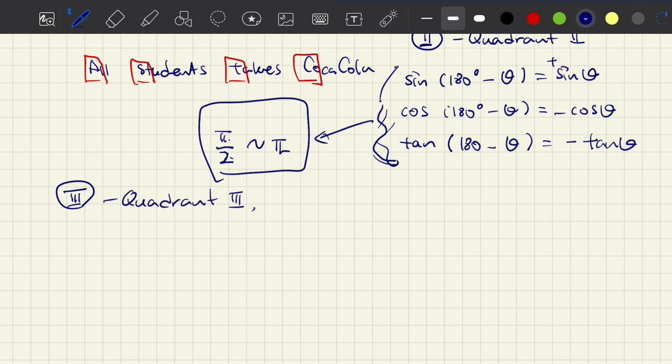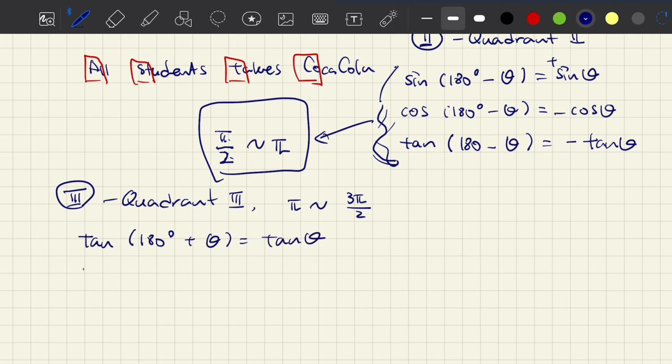So now we are trying to calculate the angles between pi and 3 pi over 2. We know that in the third quadrant, the tangent theta value is always positive, right? So if we do 180 degrees plus theta, then we get the positive tangent value.